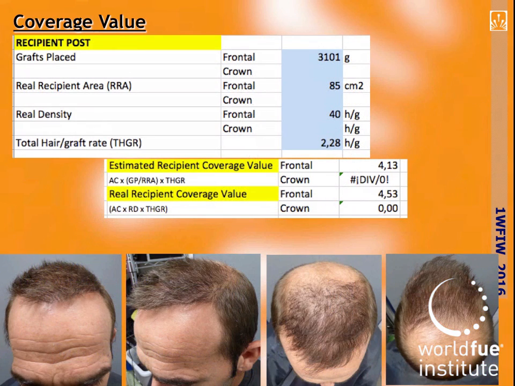So we did a 3,100 procedure with 2.28 hairs per graft for his 85 square centimeter frontal area. The estimated recipient coverage value was 4.1, and again with good survival you can compare with the first patient what 1 point means in the coverage value scale.